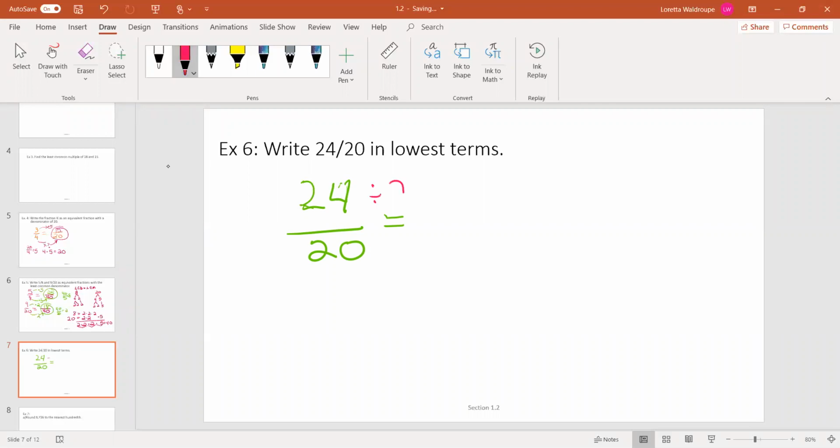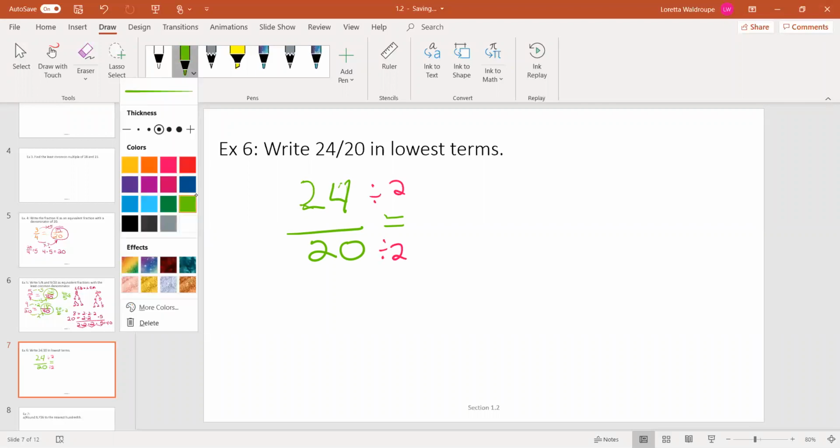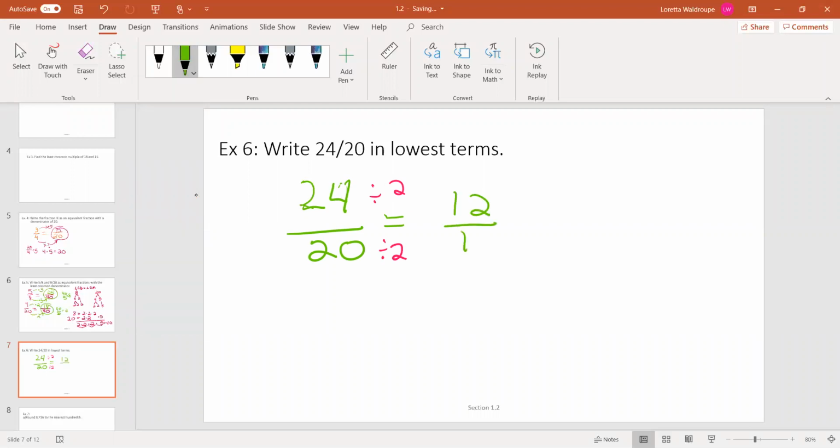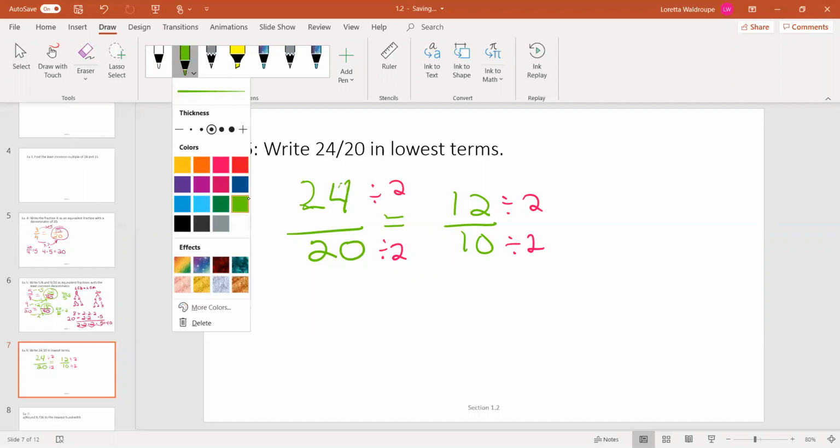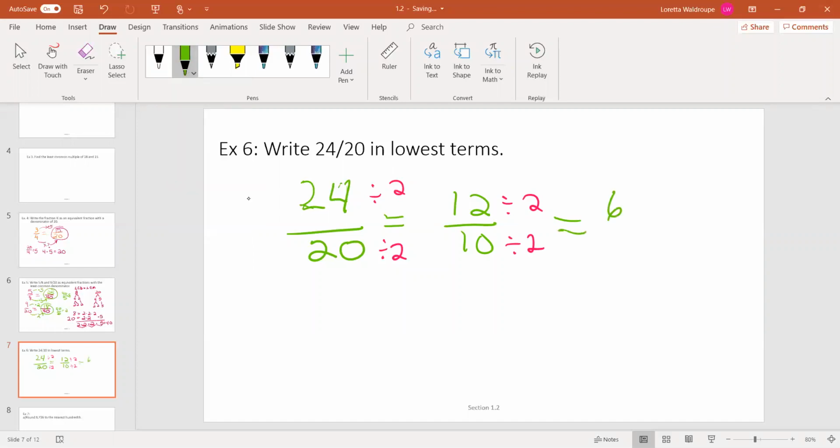So I can go divide by 2, divide by 2. And that gives me 12 and 10. But 12 and 10 have a 2 in common again. Now, somebody else might have seen 4 right off the bat, and that's okay.